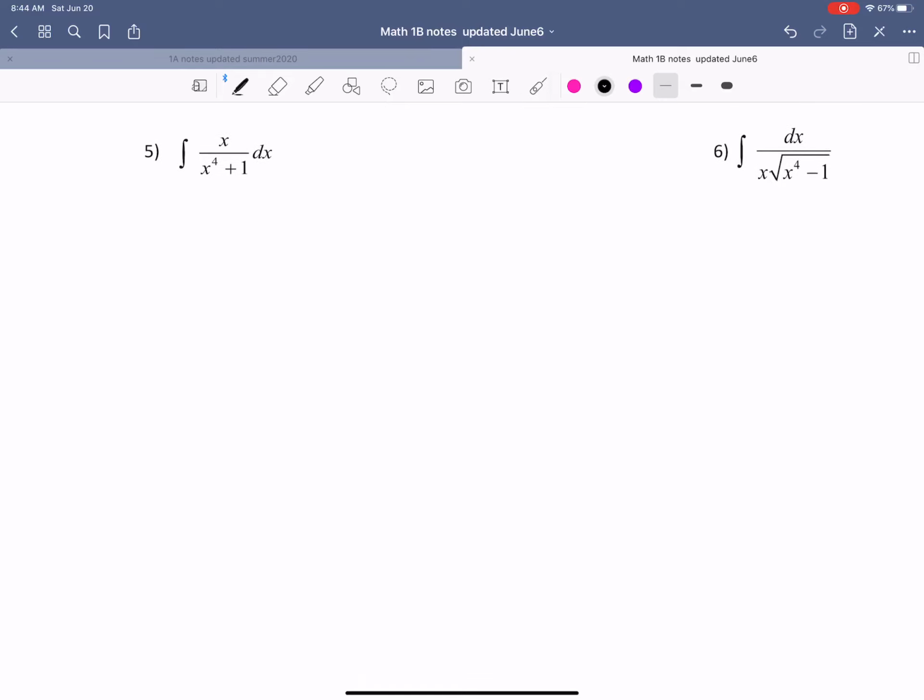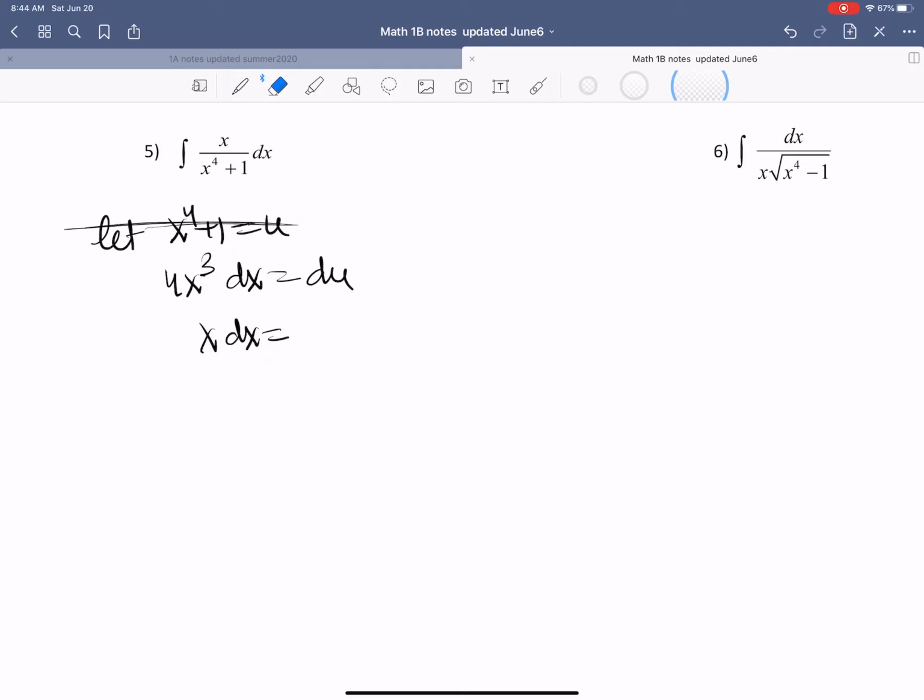Okay, the next example, number 5, we have x over x to the 4th plus 1. If I let x to the 4th plus 1 as u here, then 4x to the 3rd dx be du. Let's not, this seems like it's not going to work out.